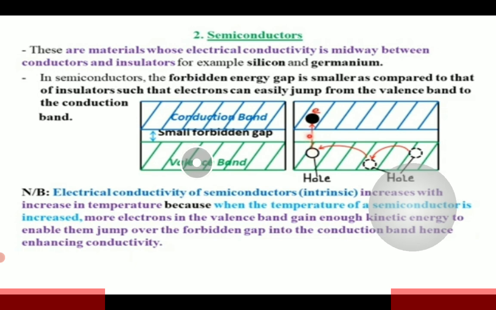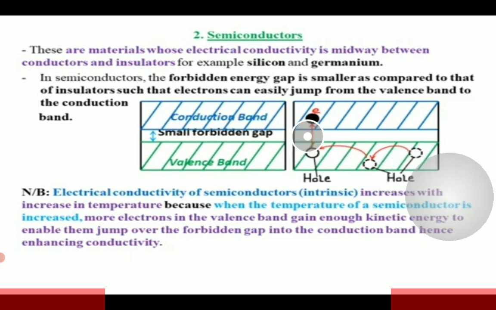The distance between the valence band and the conduction band is not as wide as it is with insulators. This is very small, which makes it easier for electrons to jump from the valence band through a small forbidden gap to the conduction band.